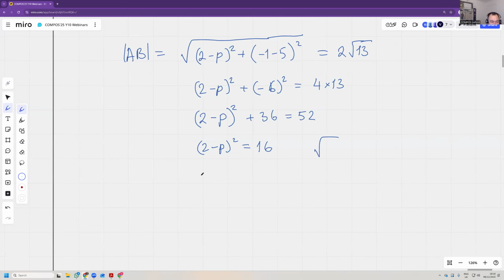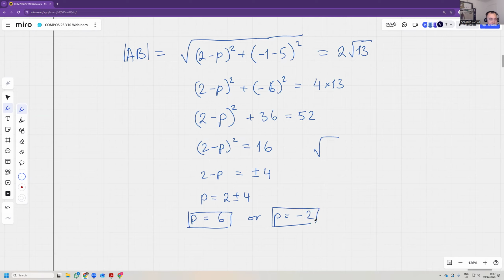Now, it's important in this step not to forget that there are two possibilities: plus or minus 4, because 4 squared is 16 and minus 4 squared is also 16. So from here, we can write that p is 2 plus or minus 4. So p is either 6 or p is -2.